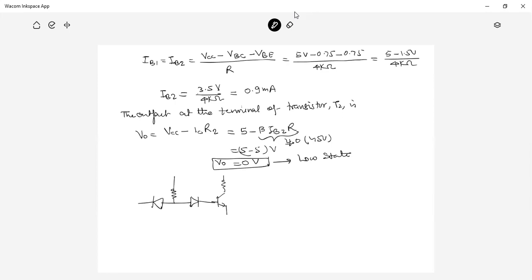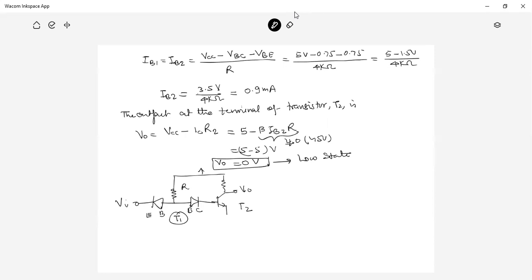Here it is one transistor, and this is the V0 output. This is the base-collector junction, this is the base-emitter junction, and this is the whole concept of transistor T1, and this is T2. Here R is connected, and this is VI.